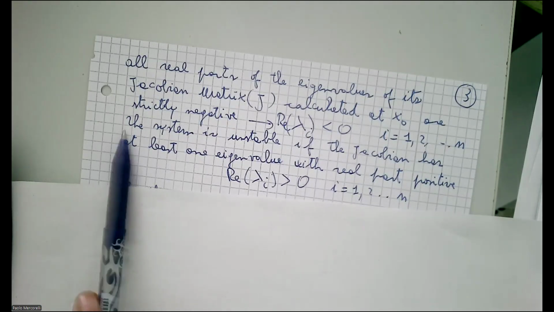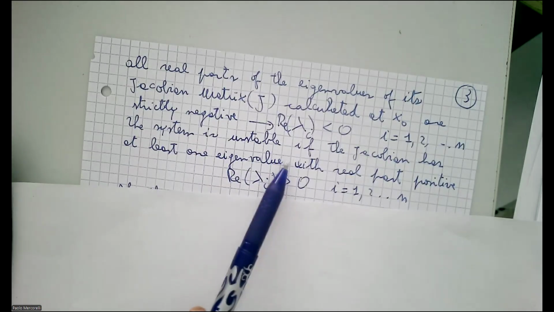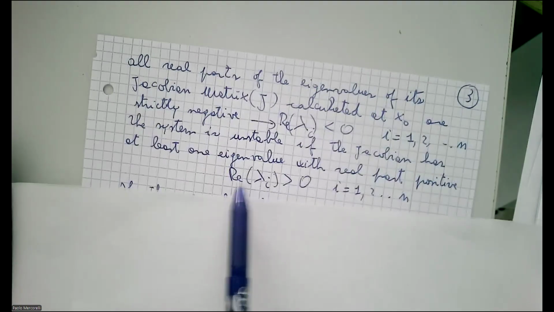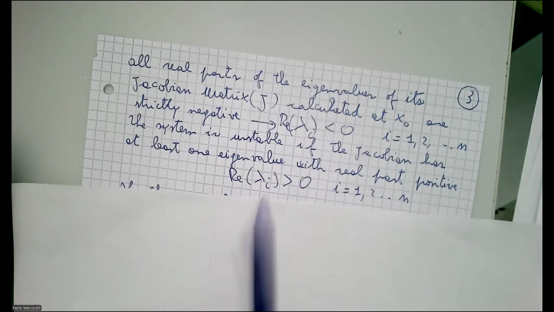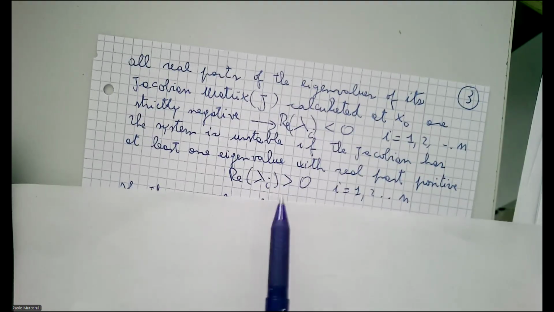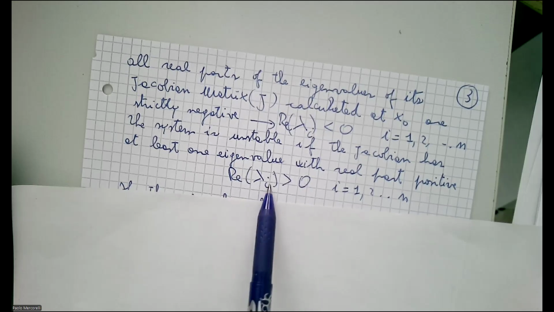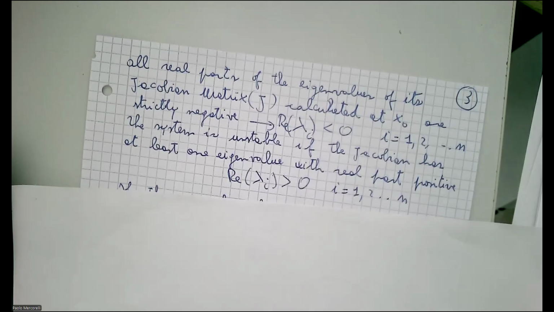Secondly, the system is unstable if just one, as I told you until now, real part is positive. One is enough, because if you remember, the eigenvalue of a matrix, as I told you in the first part of the course, represents the exponent element of an exponential function.